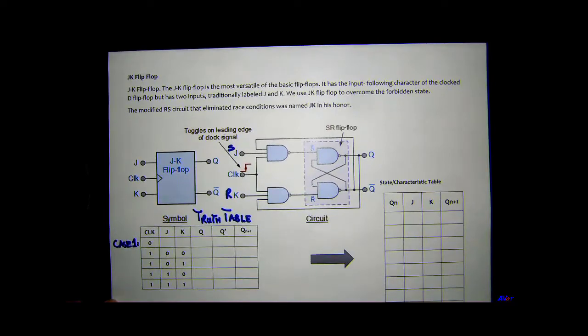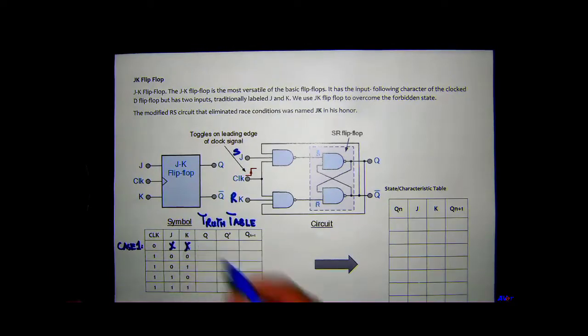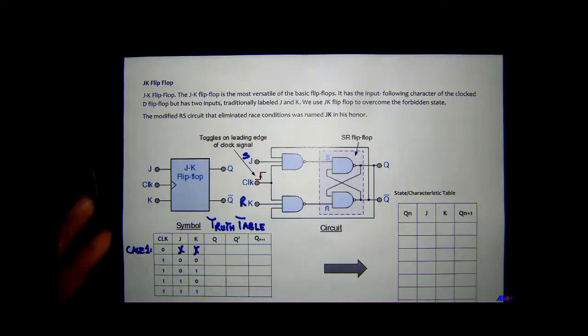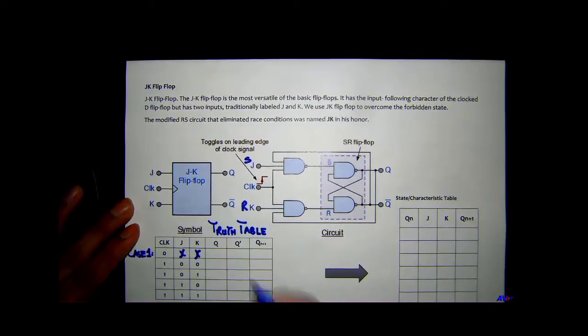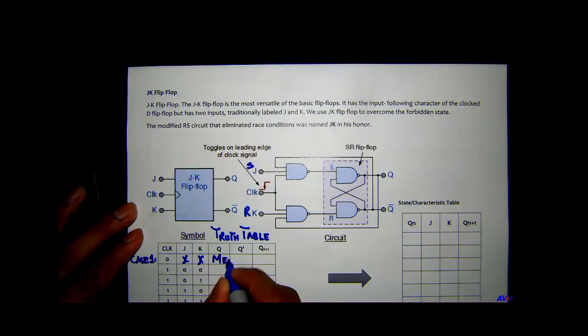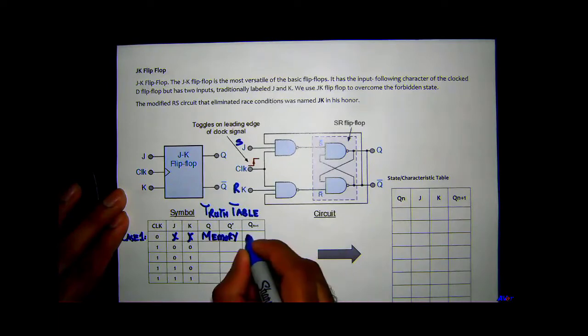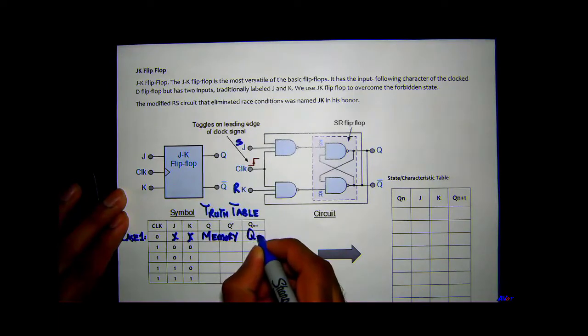And we know when clock is 0, it really doesn't matter what J and K are. Q and Q bar are going to be whatever is in the memory. So this is acting as a memory here. The Qn plus 1 is basically going to be Q of n.